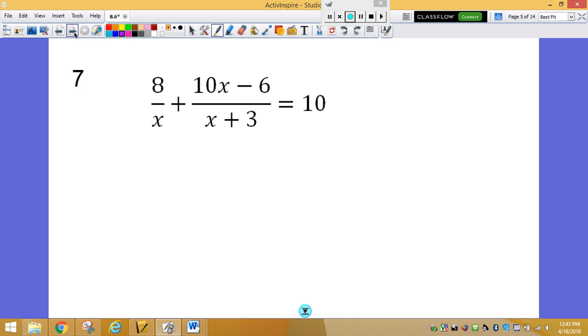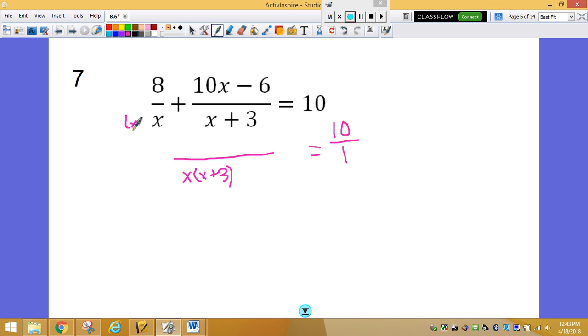Number 7 looks like this. I'm going to go ahead and take care of the right-hand side because it's easy. I'm just going to turn this into a fraction. So 10 over 1. The left-hand side is not so easy, but we've been doing worksheets on this. So my common denominator is going to be x and an x plus 3. So this first fraction, I already have my x.